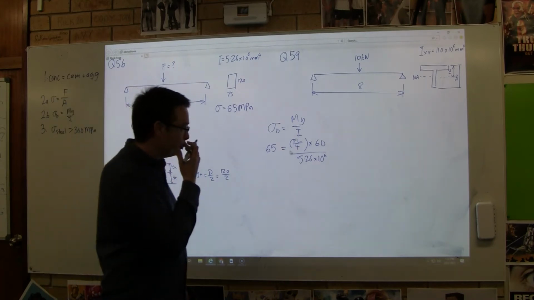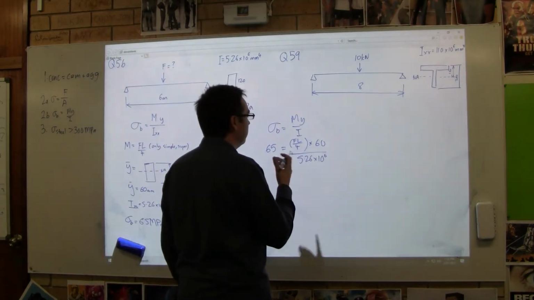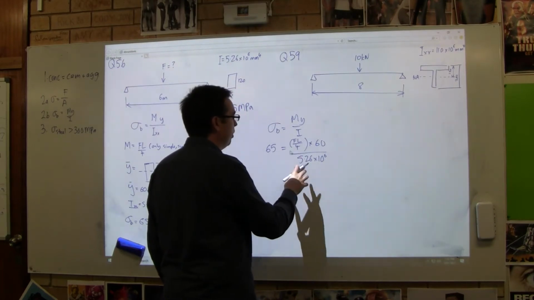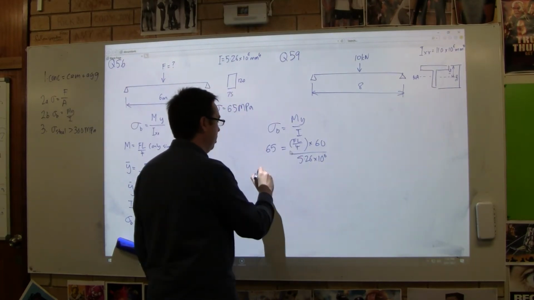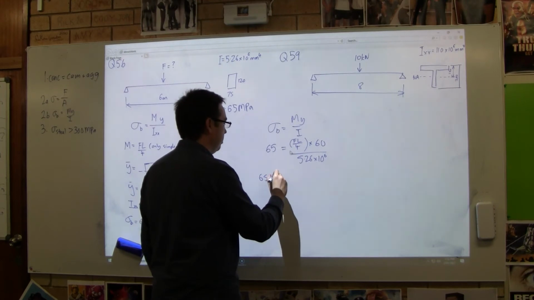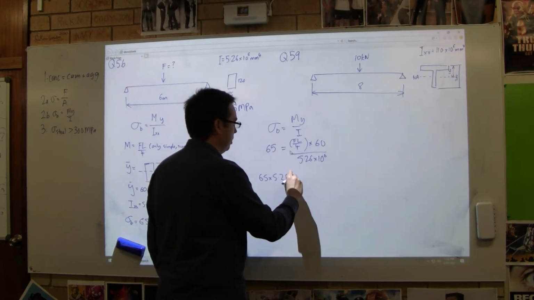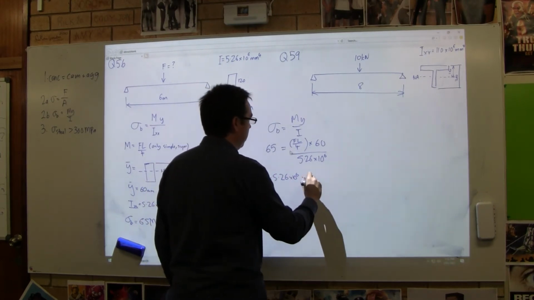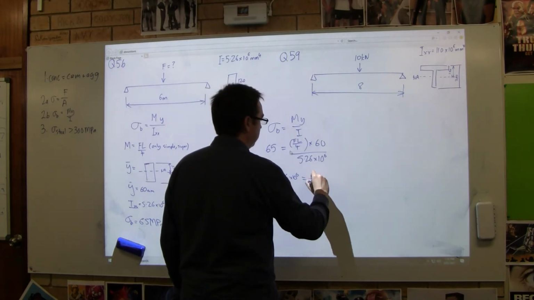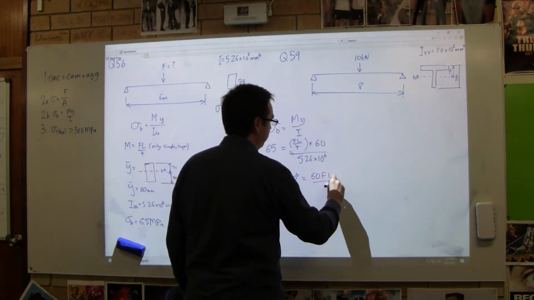So let's put this over here. We've got 65 times 5.2 times 10 to the 6 equals 60 FL on 4.